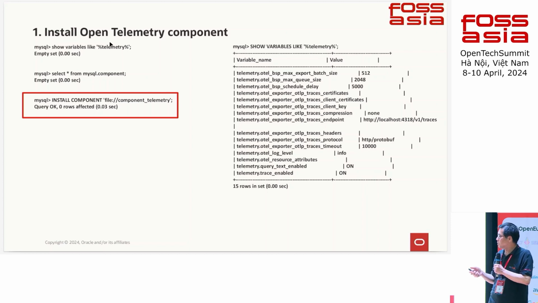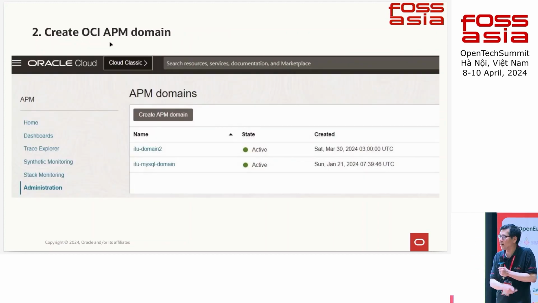So what you need to do is install the component and assign it as a component telemetry. Once you run the command, you can see the variables, a bunch of telemetry related services, like trace enable or log level, all showing that telemetry is there.